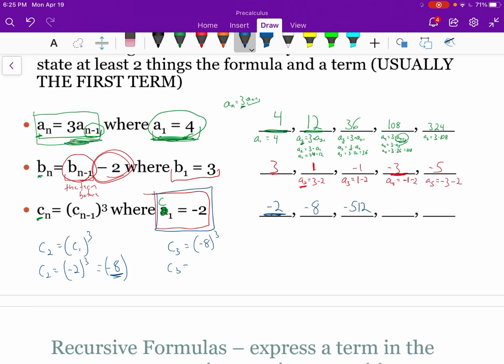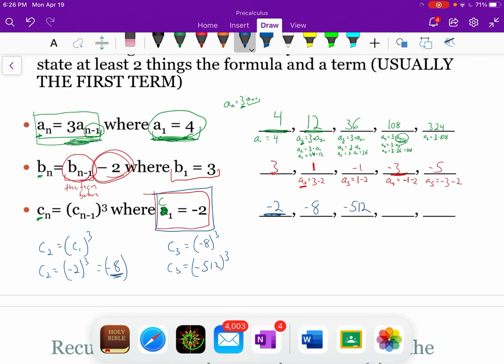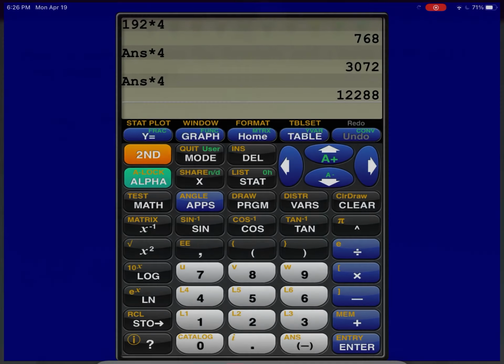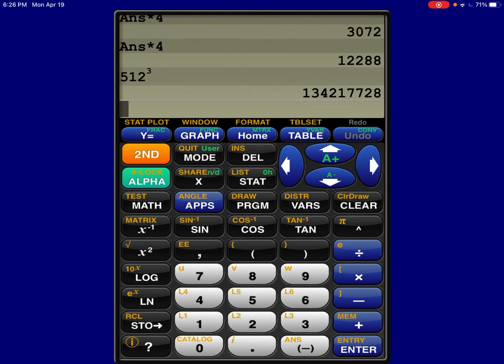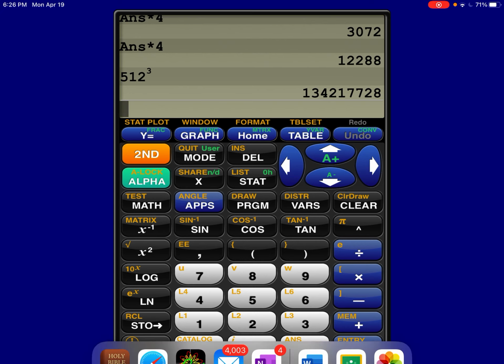And then -512 cubed. Don't know that one. So -512, I'll just do 512 because I know that's going to be negative. Cubed, 134217728.